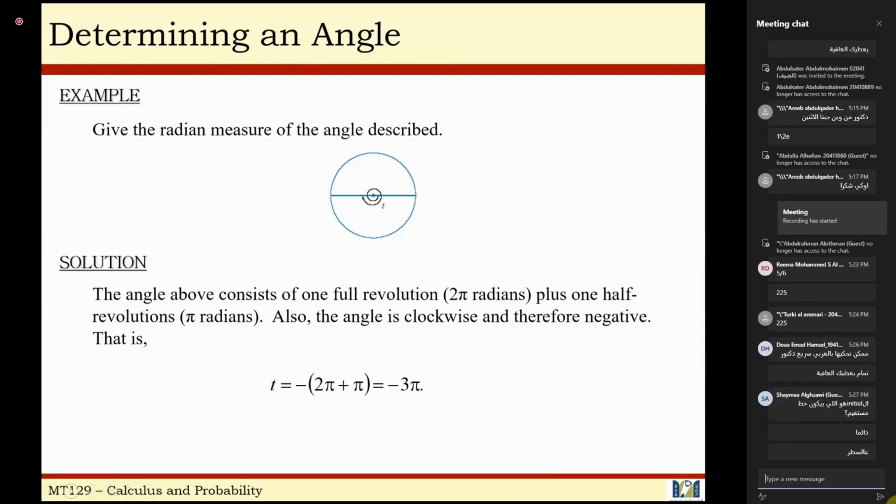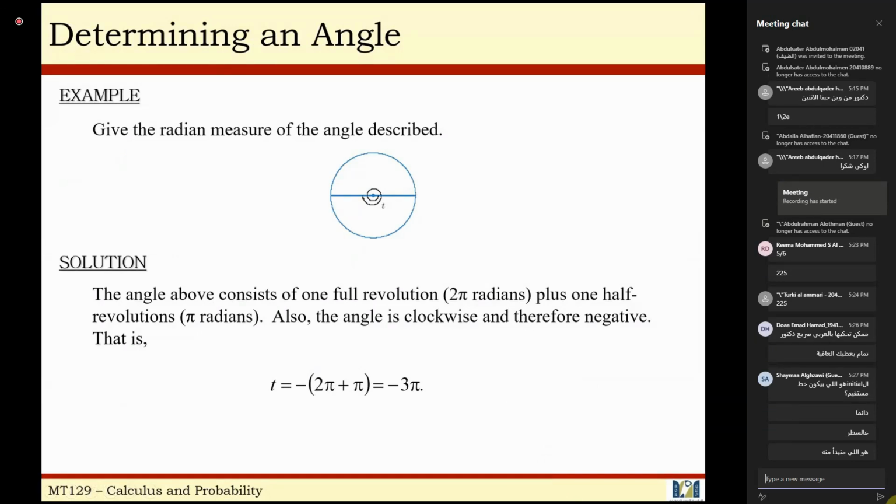Okay, look at this. If we have, for example, a right angle, this is 90 degrees, and we have the straight angle, this is 180 degrees.